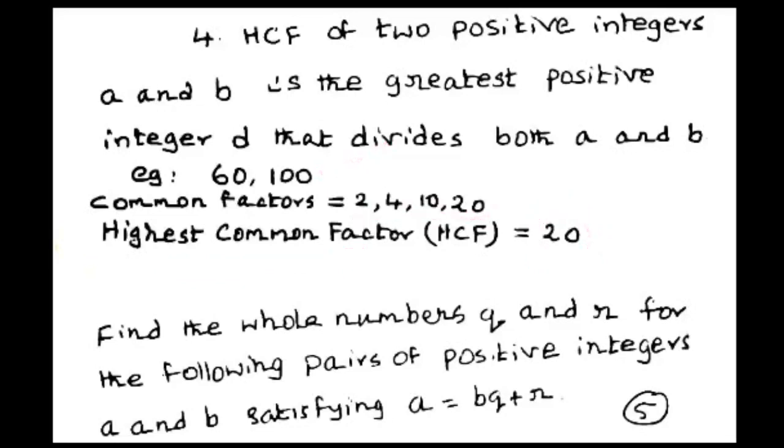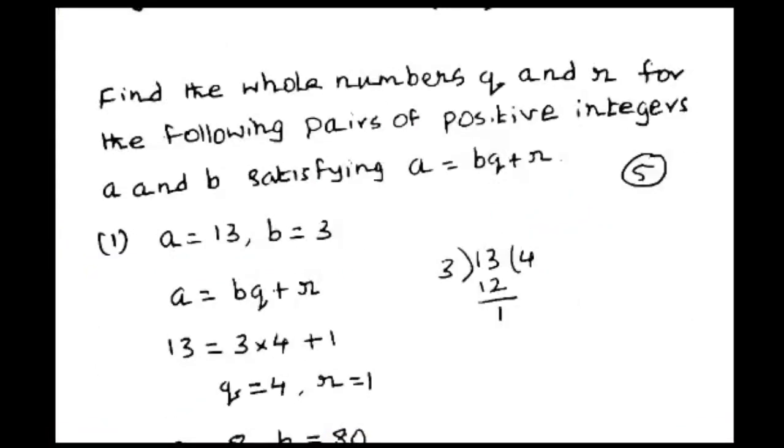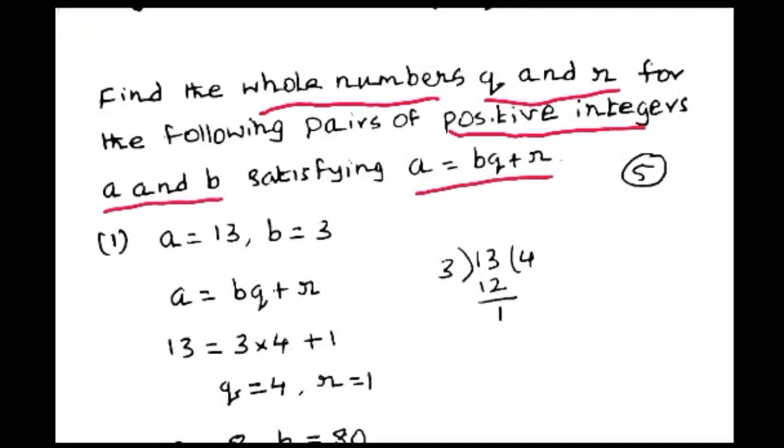Now we consider some problems. Find whole numbers Q and R for the following pair of positive integers A and B satisfying A equal to BQ plus R. Given A equal to 13, B equal to 3. That means 3 is the divisor, 13 is the dividend.